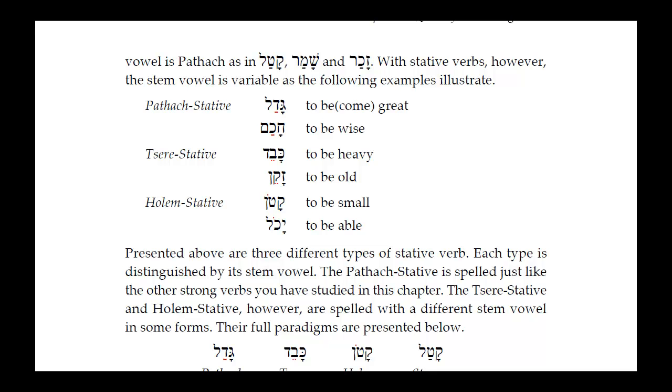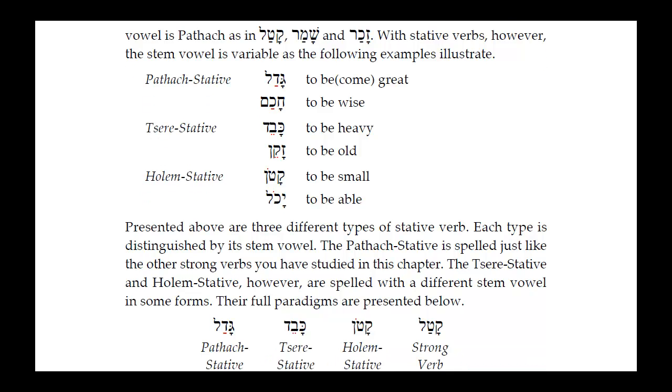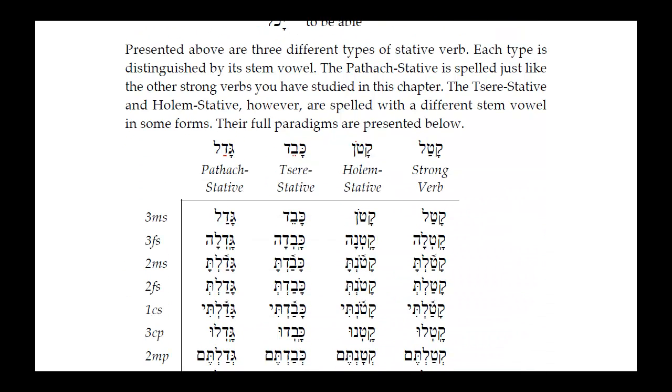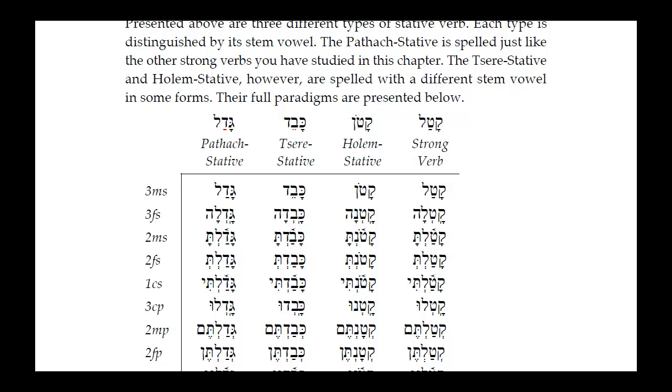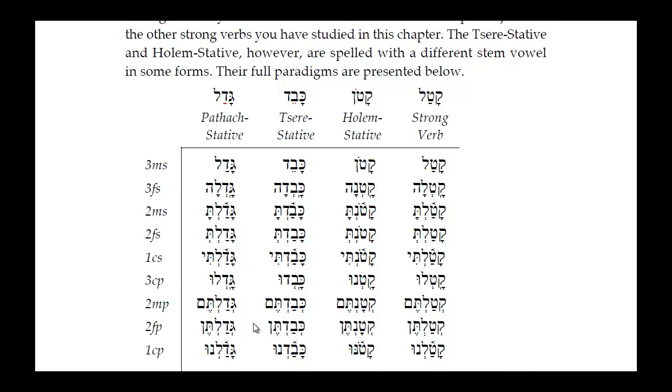The patach stative is spelled just like the other strong verbs you have studied in the chapter, so there's not going to be much difference here. The endings are the same, the sufformatives are the same, they don't change, and the vocalization patterns are pretty much the same.